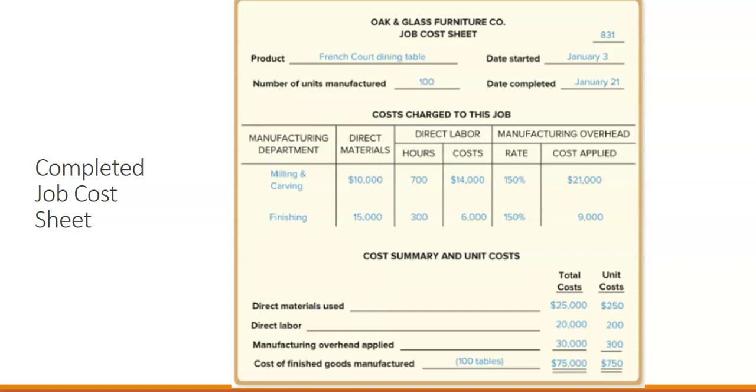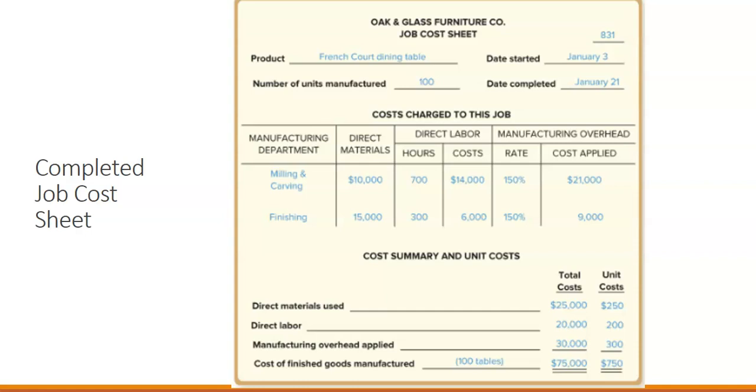Each of those departments added direct materials to the job. They each had hours of direct labor. We can see the milling and carving department had 700 hours of direct labor, and the finishing department had 300 hours of direct labor. And then we have manufacturing overhead. Manufacturing overhead gets applied to jobs.